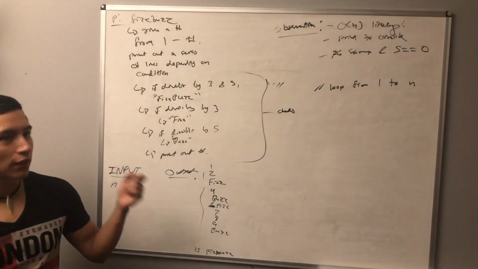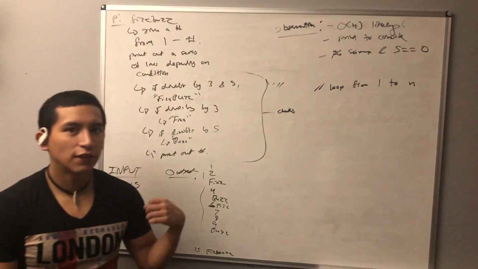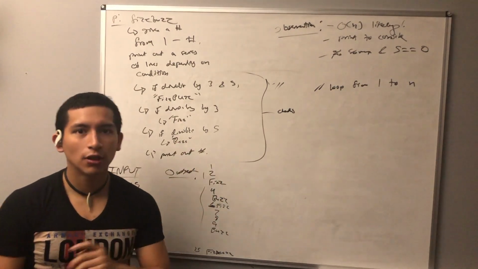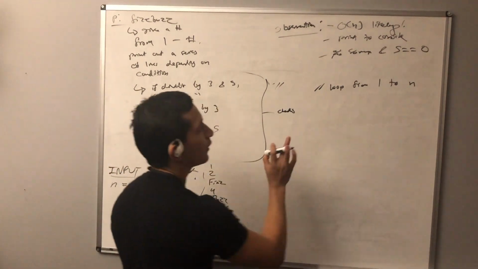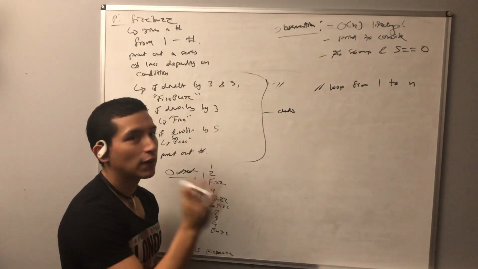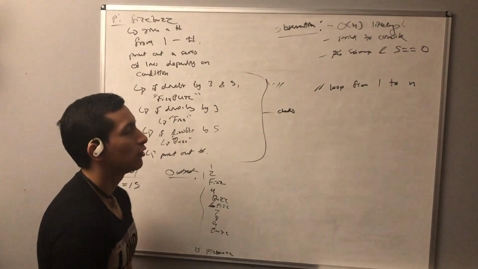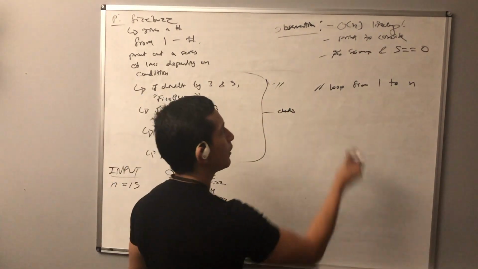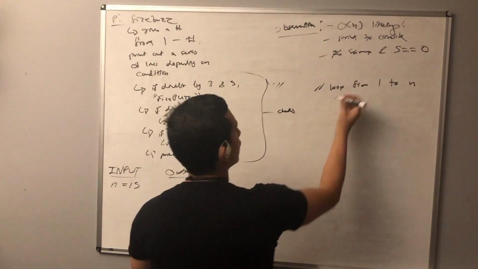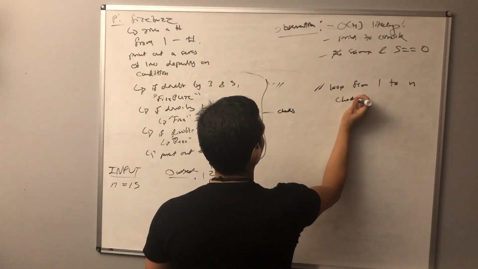Also, when you're writing out your algorithm, make sure to state that you're writing pseudocode, because you don't want to be mistaken for writing Python or anything like that. You want to make it clear that it's just the recipe for solving the problem. For me, I typically do that by writing little slash marks next to it. So, loop from 1 to n, checks.